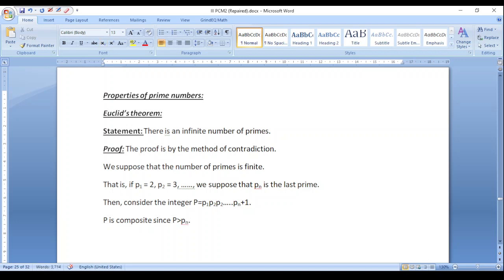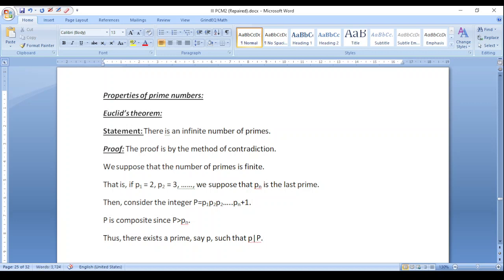So now since capital P is composite, obviously there exists a prime, say p, such that p divides capital P. That's exactly what we mean by composite number. Of course, capital P is an integer greater than 1, and because it is composite, there must be a prime, say p, such that p divides P. Right?